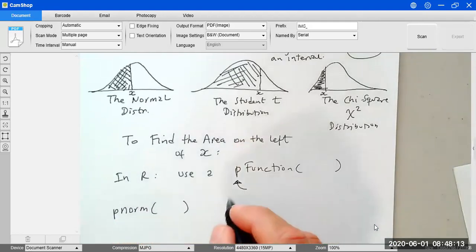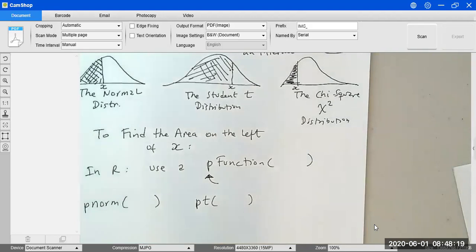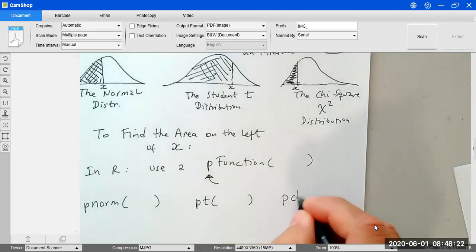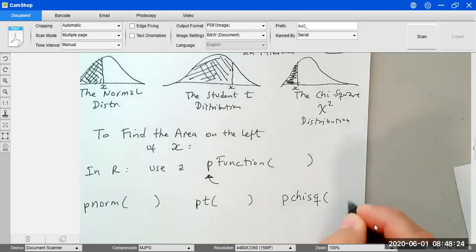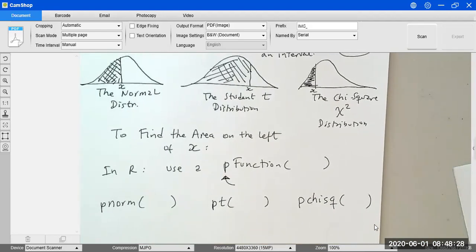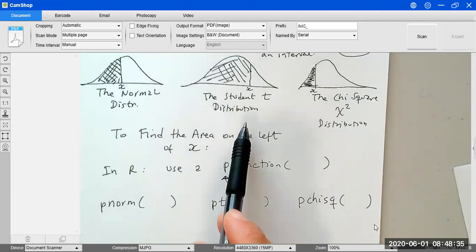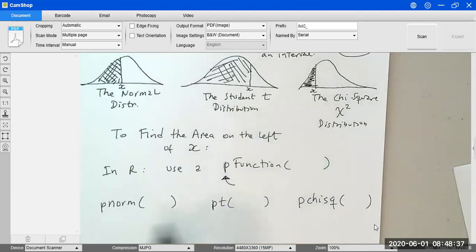For the student t distribution, we're going to use pt. For the chi-square distribution, we're going to use pchisq. So it's going to be very easy. Everything from now on is going to be very repetitive. So we're going to study different cases where you use a normal distribution, other cases where you use a t distribution or a chi-square. The only thing that you're going to be changing is the function. If you are computing areas, you use a p function.